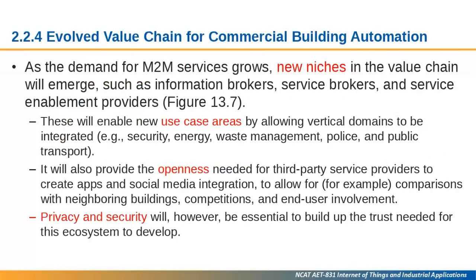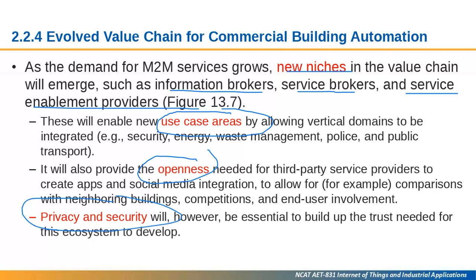So as the demand for machine-to-machine service grows, new niches in value chains will emerge, such as information brokers and service enablement providers. They will have new use case areas. They will also provide openness, and privacy and security is always an issue here.